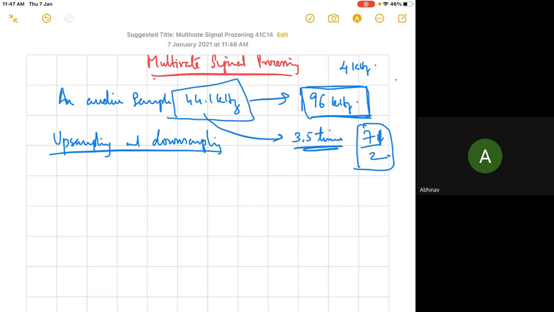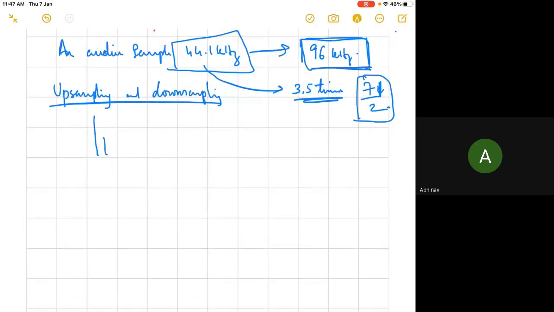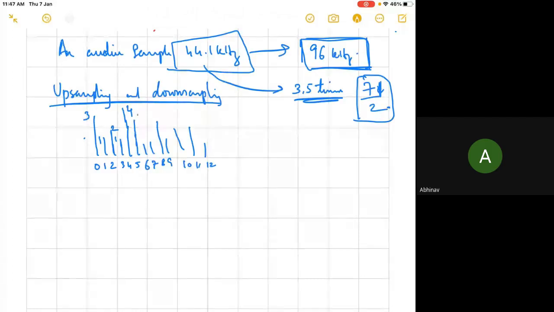When you have a signal, say a discrete signal like this, so 1, 2, 3, 4, 5, 11, etc. 3, 1, 2, 1, let this be 4, 1, 2, 3, 6.